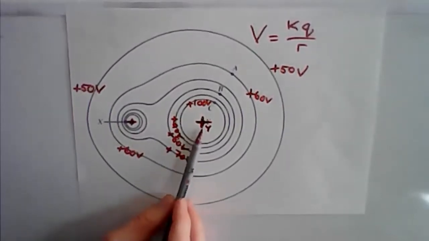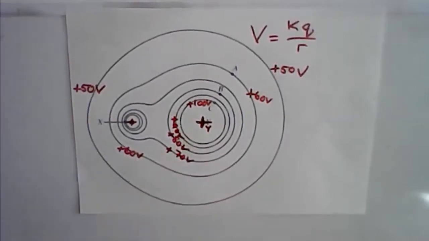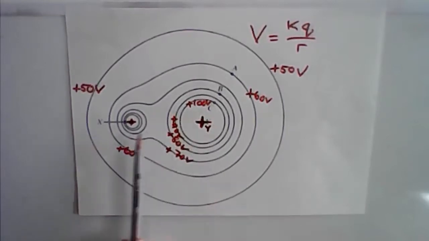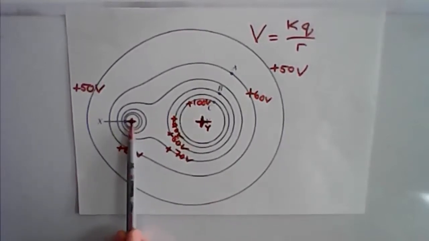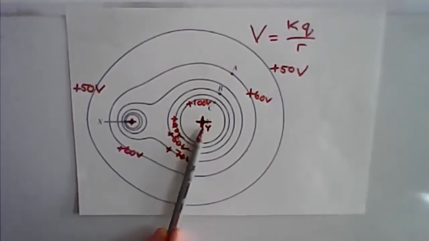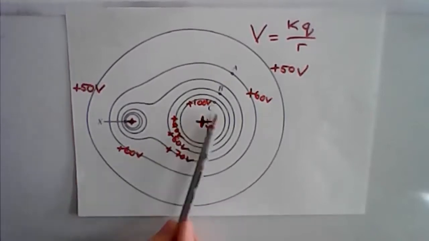This charge here does have equipotential lines next to it. We're just not drawing them in because the biggest potential line we're drawing is 100 volts. As we get closer to this Y charge here, we could just draw 110, 120, 130, 140, 150, 160, and when we get to the same distance that we have here next to this charge, we would expect those lines to be maybe 200 volts, maybe 300 volts, I don't know, but certainly much bigger.